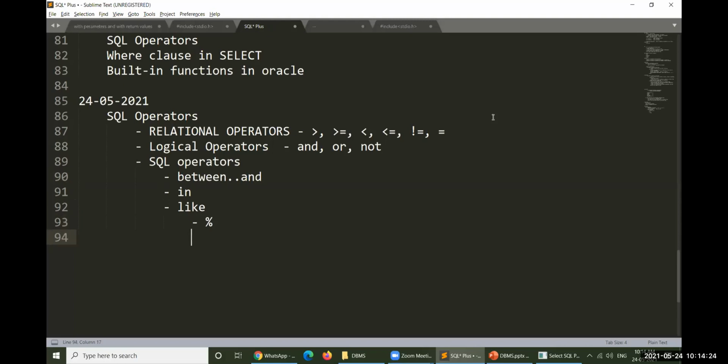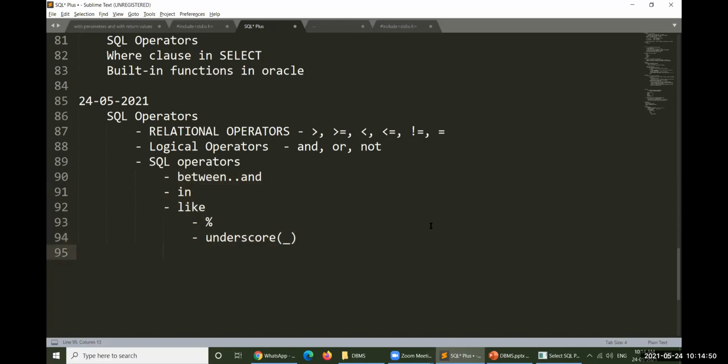Number two is underscore. Underscore, not hyphen, not minus or hyphen. It is underscore. Now this is what LIKE is about. And these operators get operated directly in the WHERE clause without any further issues.